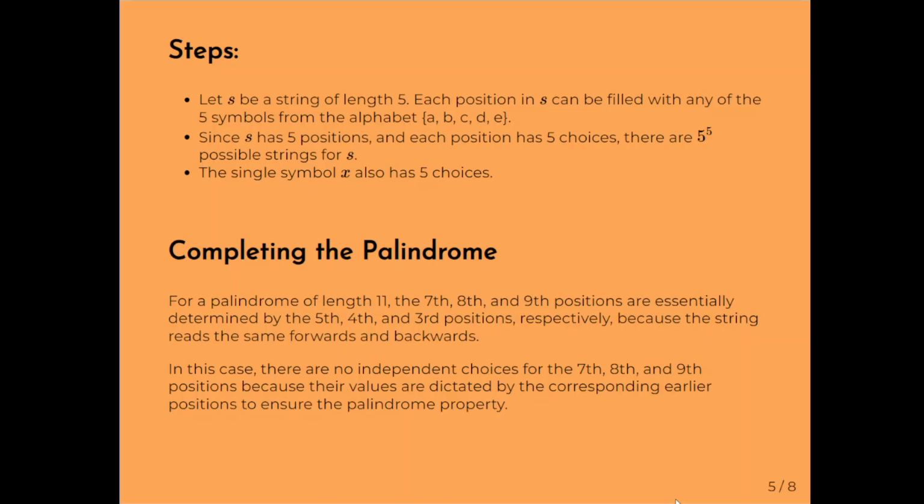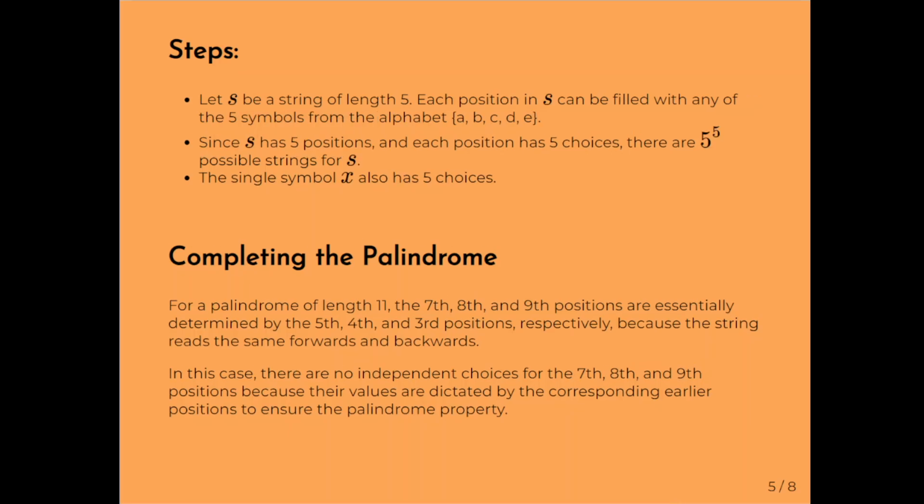So there are no independent choices for 7, 8, 9, and 10 because they are strictly dictated by the corresponding positions earlier to ensure the palindrome property. That's why there's nothing that can be said about the remaining 5 characters at the end. We have only one choice for each of them.